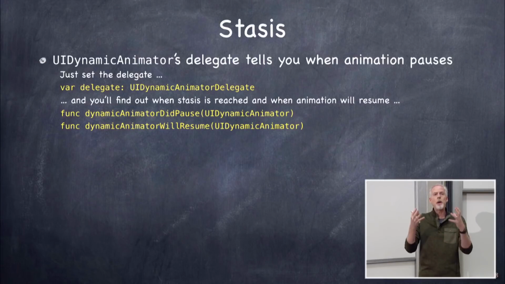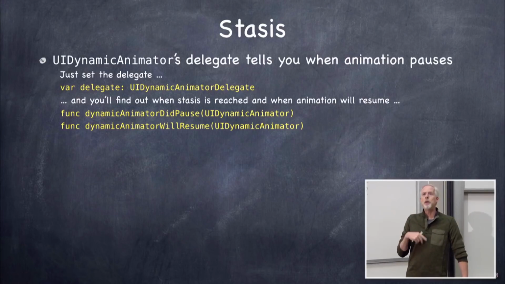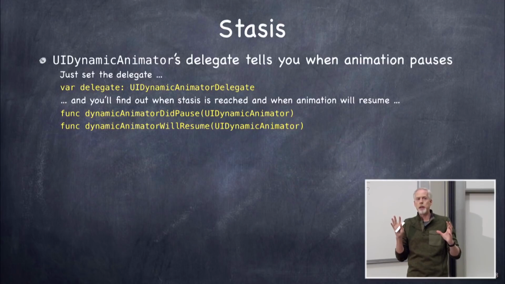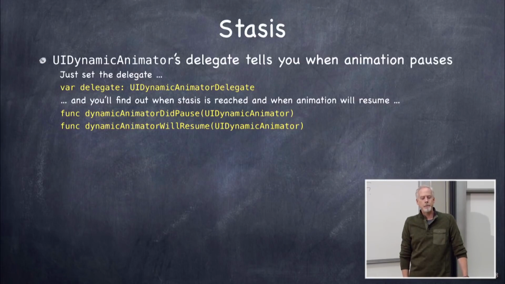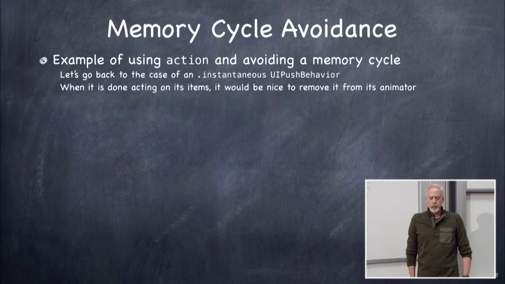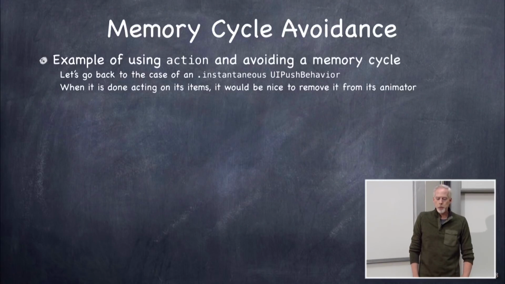You can find out when it reaches stasis with the UIDynamicAnimatorDelegate, which has these two methods, dynamicAnimatorDidPause and dynamicAnimatorWillResume. It'll tell you, I came to stasis, I'm not currently moving anything, and then when something happens, it'll say, I'm resuming because I have to move things.